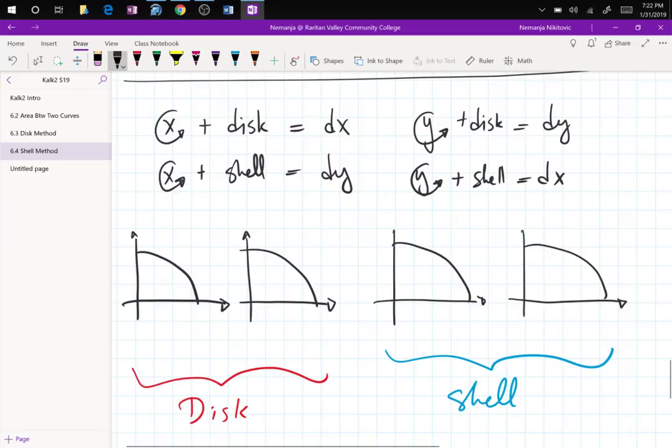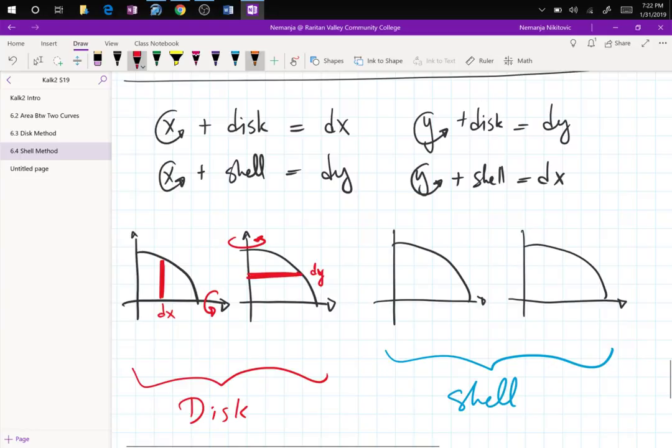So for disk method, we can rotate on x-axis, which means we are using dx, or we can rotate on y-axis, which means we're using dy. They are perpendicular. The dx and dy are always perpendicular to the axis of rotation.